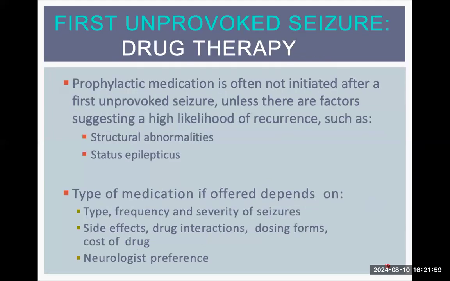So when do we start those patients on treatment, or when do we consider the anti-epileptic medications? Prophylactic medications are not usually initiated after the first unprovoked seizure, unless there are other factors, as we already mentioned, that increase the risk of recurrence, like status epilepticus, or structural abnormality or abnormality in the EEG.